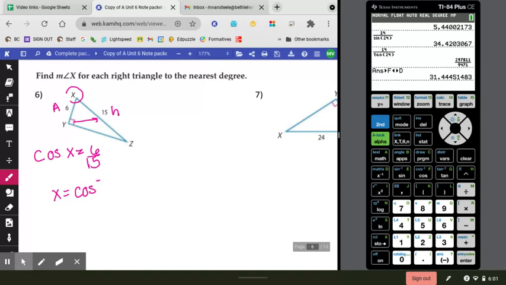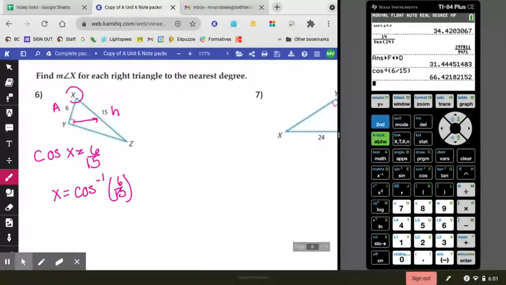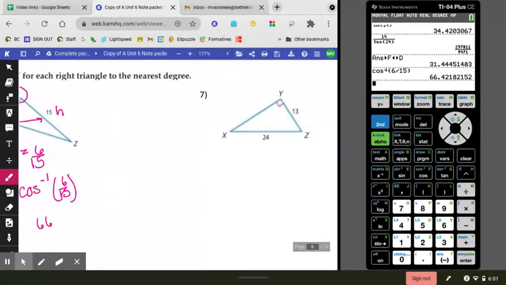So that's cosine -1 of 6 over 15. That's second cosine, 6 divided by 15, and I get 66.4, so 66.